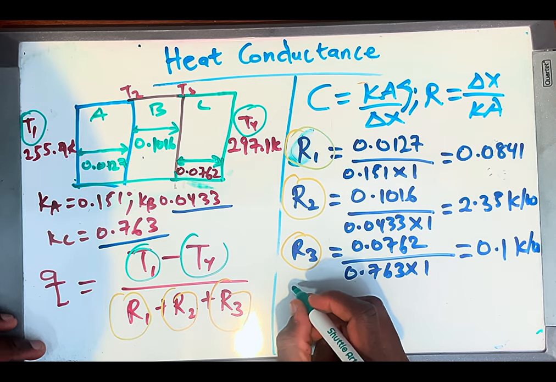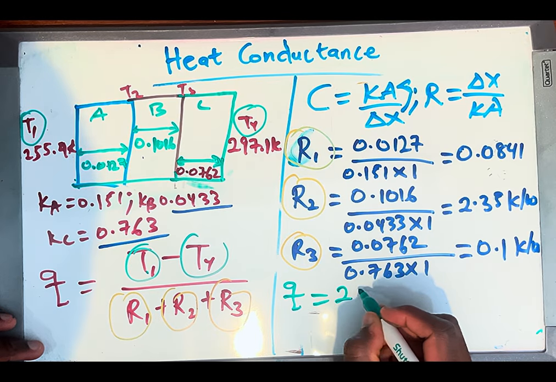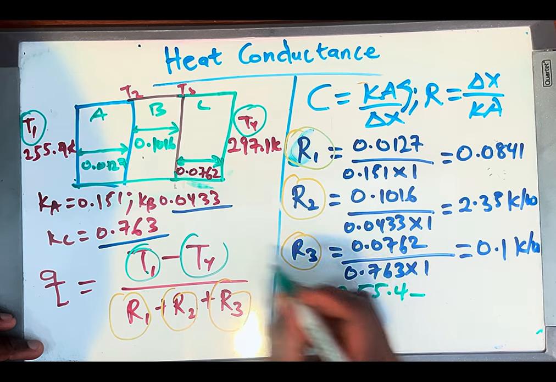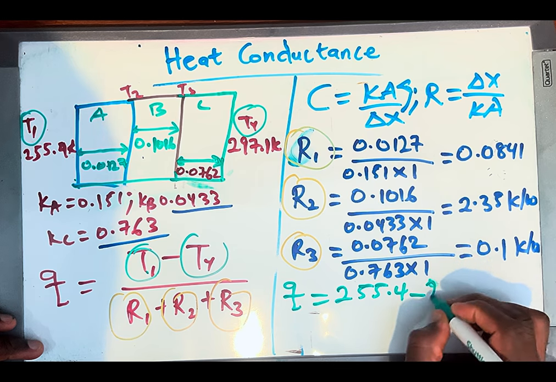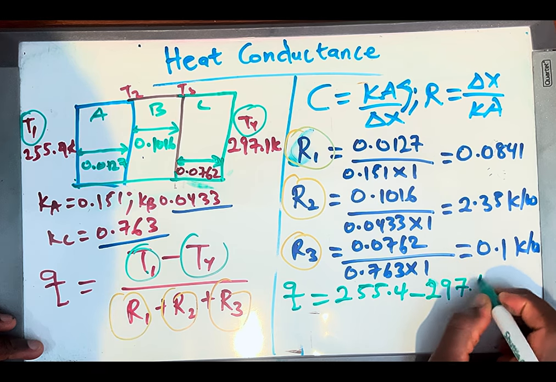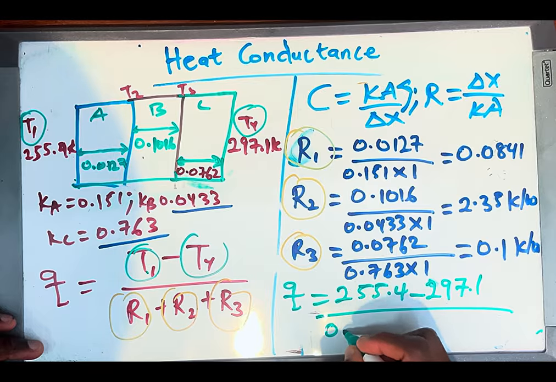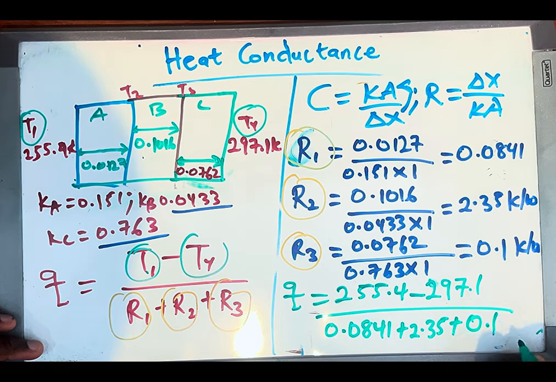So we will get the heat loss Q to be equal to T1, which is 255.4, minus the second one, 297.1, all over the sum of the three resistances, which is 0.0841 plus 2.35 plus 0.1, right?